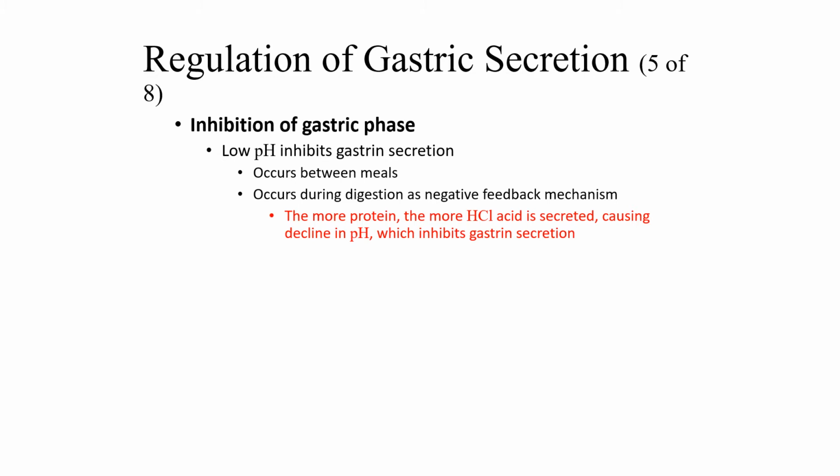So low pH, in other words, if your stomach is empty, you're going to have a lower pH, and that's going to inhibit gastrin from being excreted. And if you inhibit gastrin, then hydrochloric acid won't be produced.